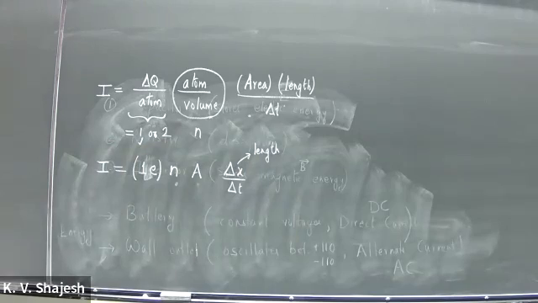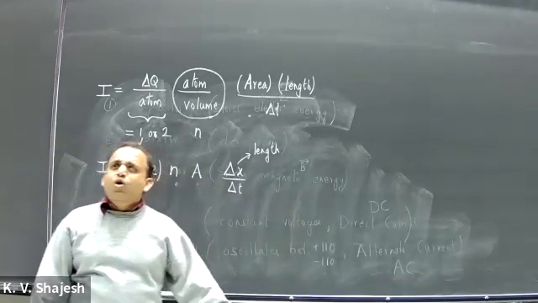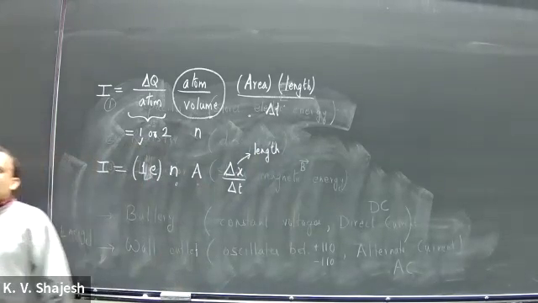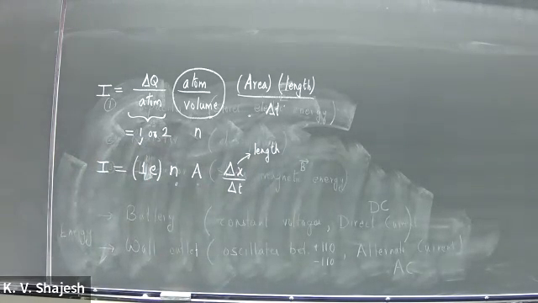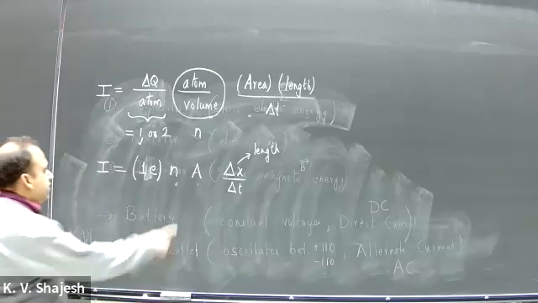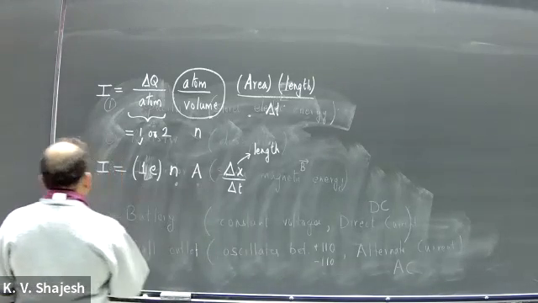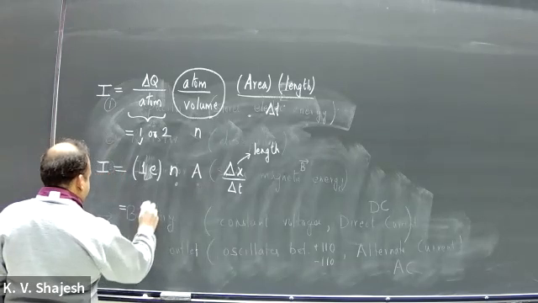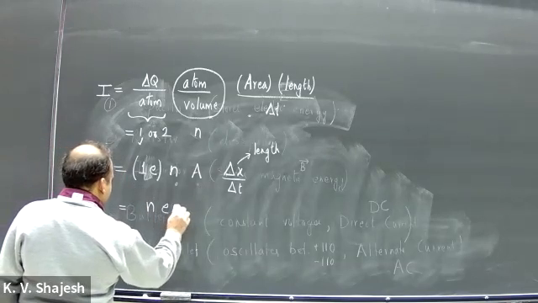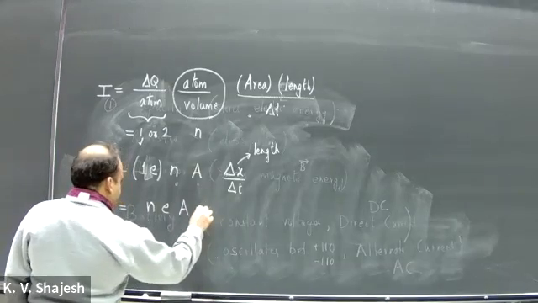And that's velocity, right? Distance over time. Somehow we brought in the feature of velocity, which is not hard to intuitively think of. Whenever something is moving, you associate a velocity with it, and that velocity is a measure of current in principle. So it's the actual mechanical velocity that we defined earlier, and now it's coming in as part of the definition of current. So this is often written as N E A and velocity.